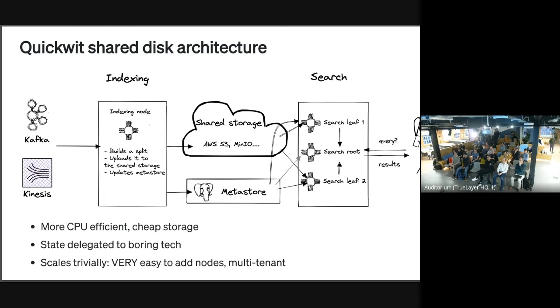One nice thing here is that we have separated indexing and search, so we can be more efficient in terms of CPU, because we can have dedicated machines for indexing and dedicated machines for search.